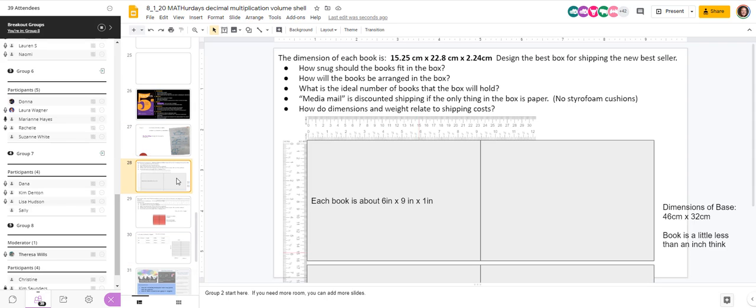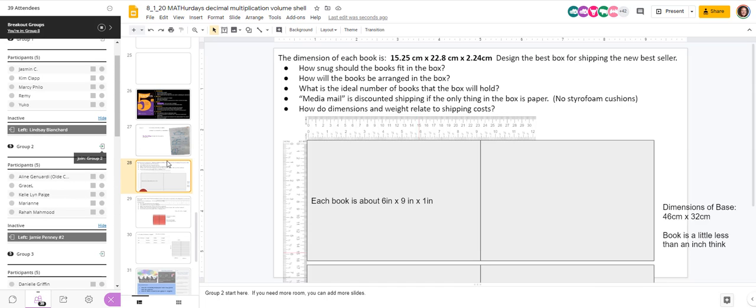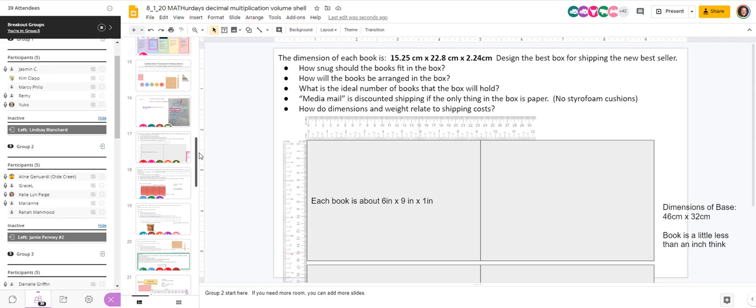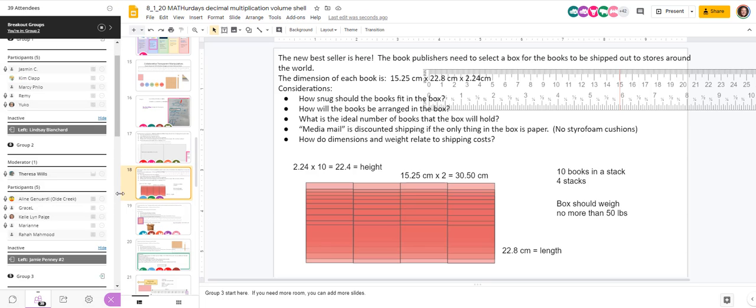I'm trying to think if it would be cheaper to have fewer shipped boxes, but have them be heavier and bigger. Right. And I am kind of guessing too that maybe this is a little bit smaller. Right.